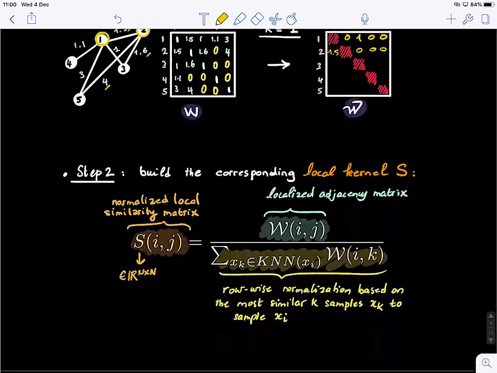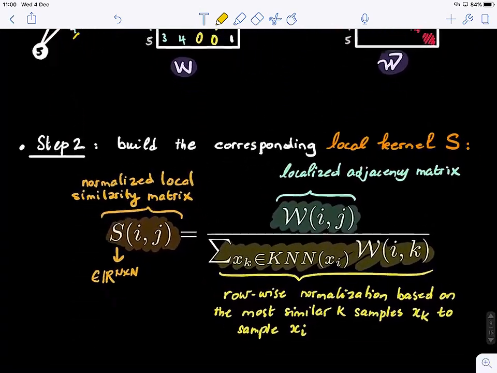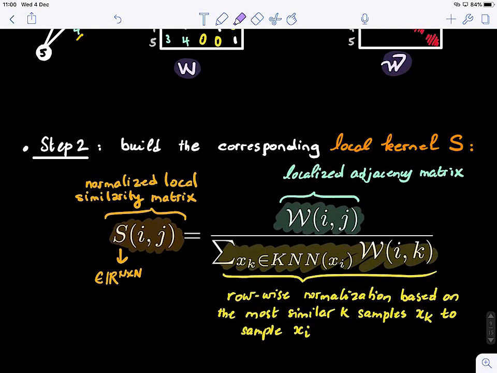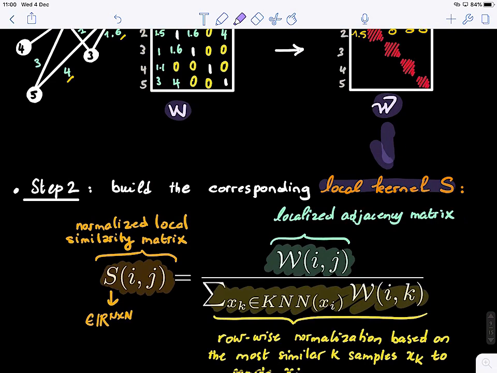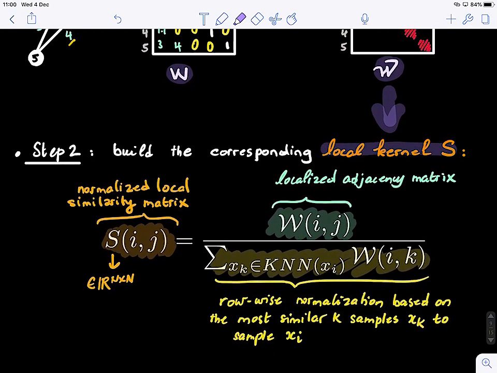Now, in the next step, we will build what we call the corresponding local kernel S from this local italic W matrix. And this is normalized. So this is a normalized local similarity matrix that focuses on the local neighborhood of the different nodes in the graph.